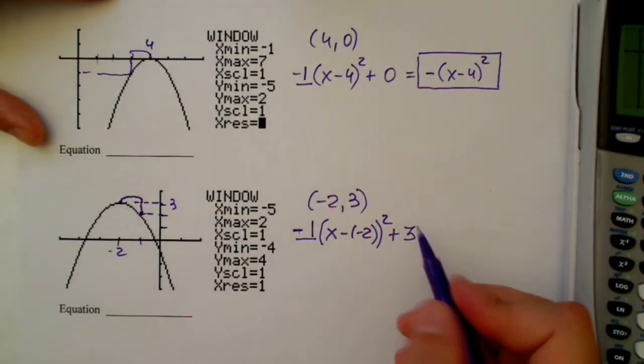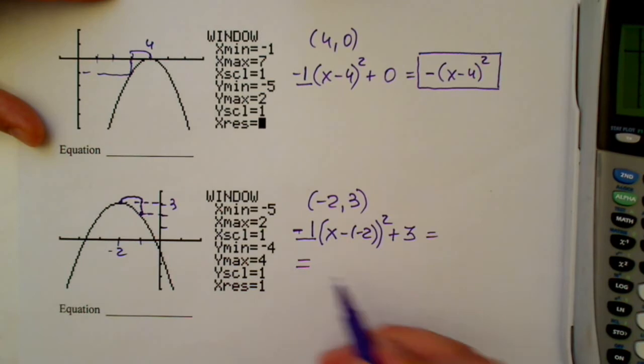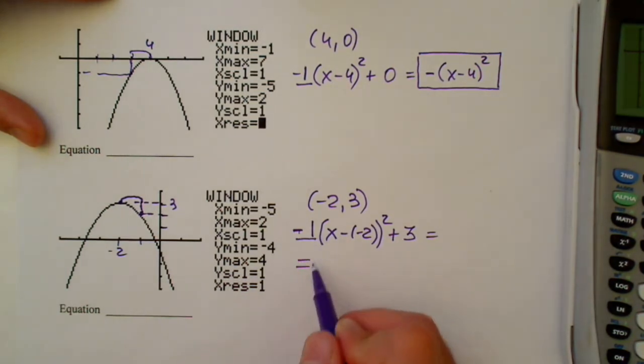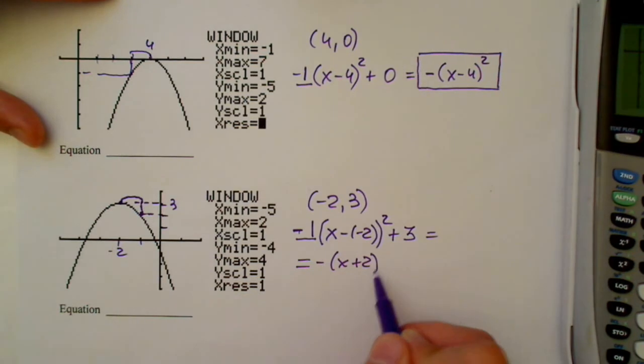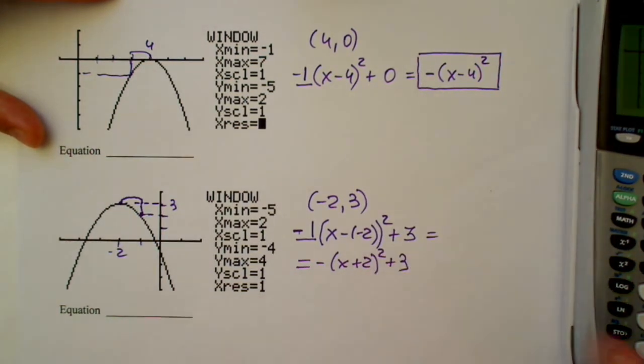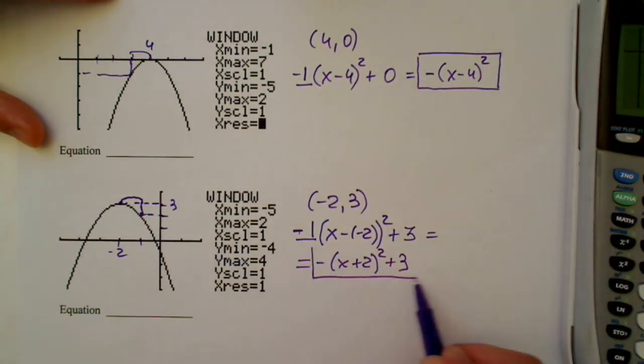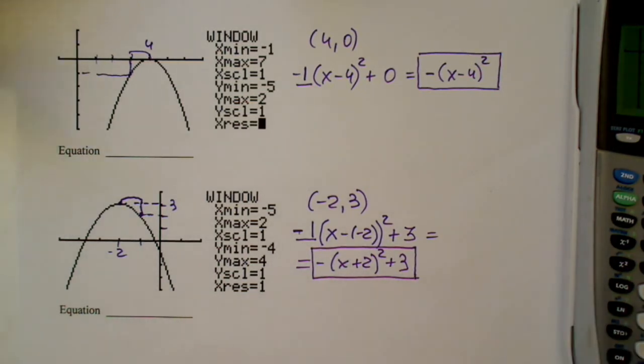Plug in 1, simplify, and we don't have to write 1: negative (x plus 2) squared plus 3, and this is our vertex form of the quadratic equation.